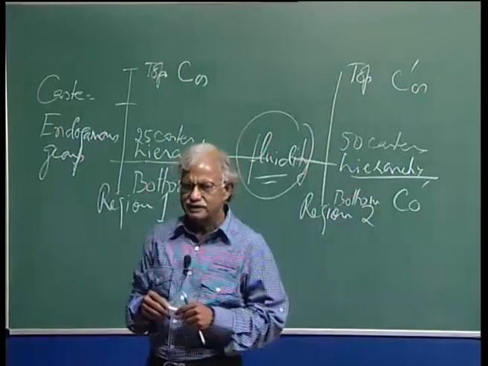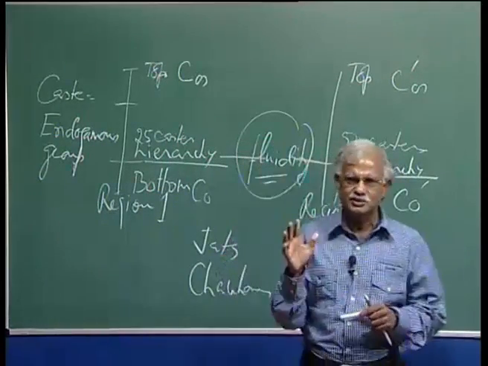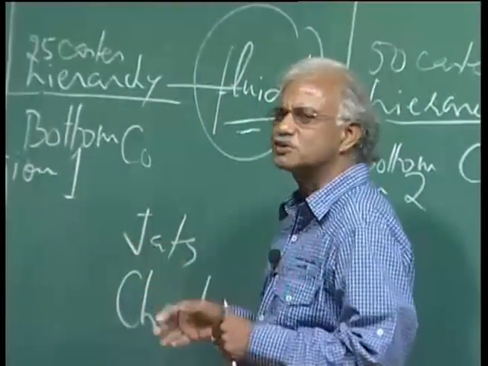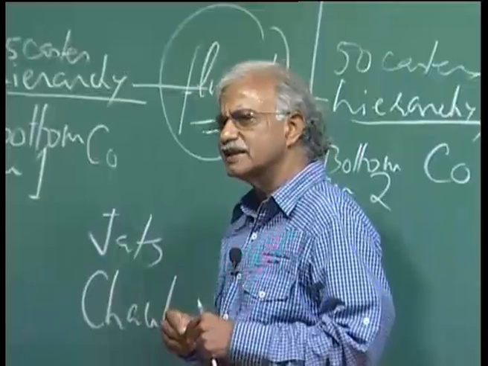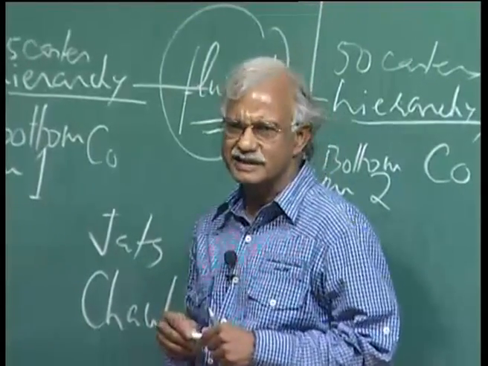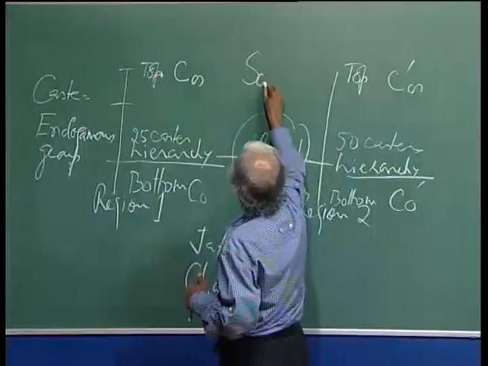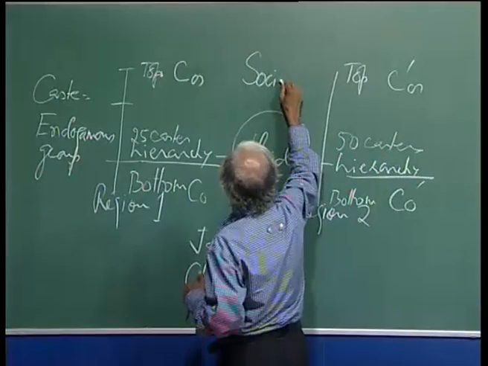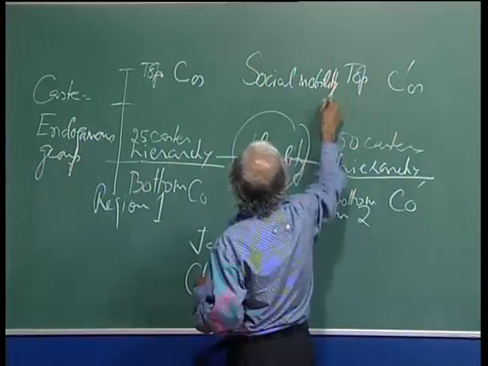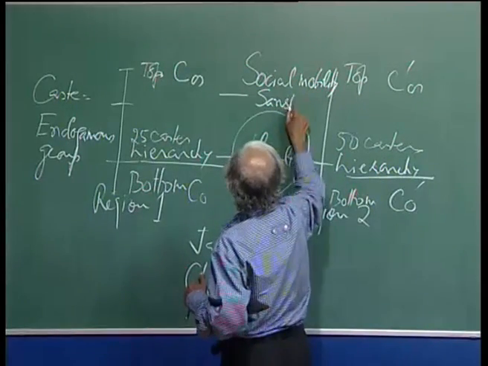And Srinivas wants to say that generally the notion is that Indian society has been a rigid society, highly stratified, a society that has remained unchanged for thousands of years, but that is not the case. The model of social mobility in India took the form of Sanskritization.